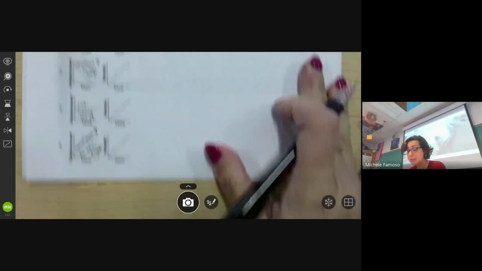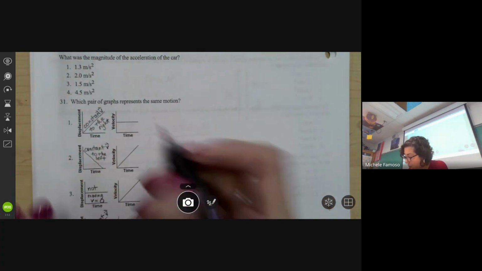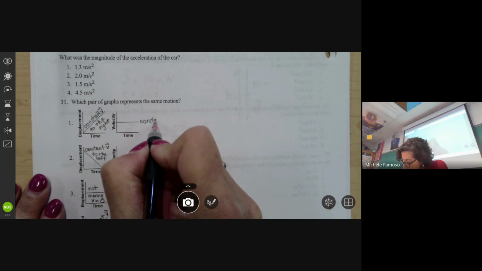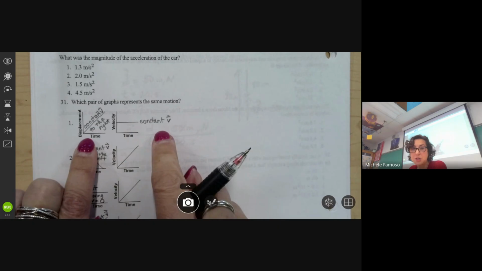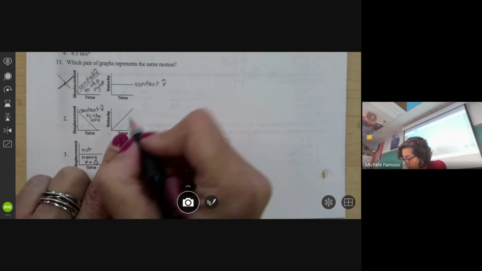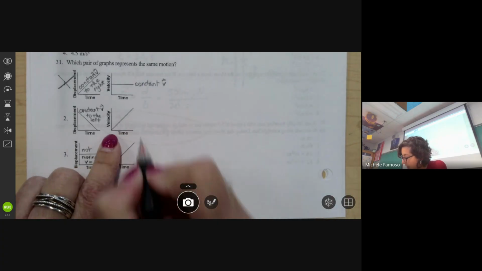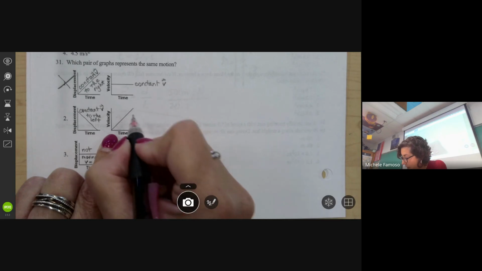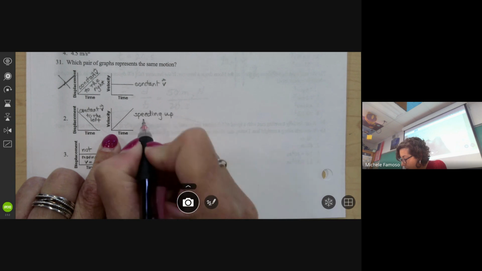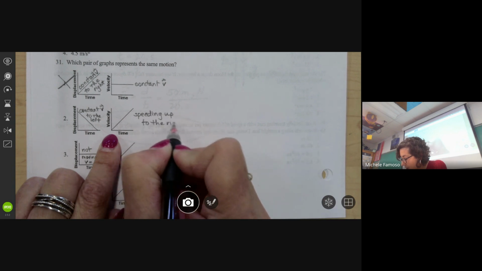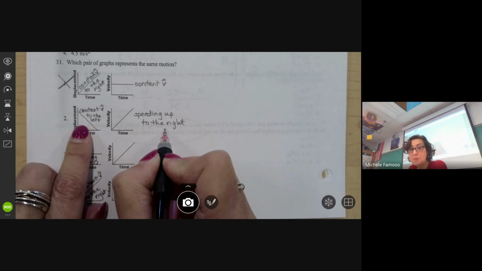Let's now look at the velocity graphs and describe them. This graph shows a constant velocity. Are these matching descriptions? Nope. This graph shows that my velocity is increasing over time to the right. So this one shows me speeding up to the right. Matching descriptions?